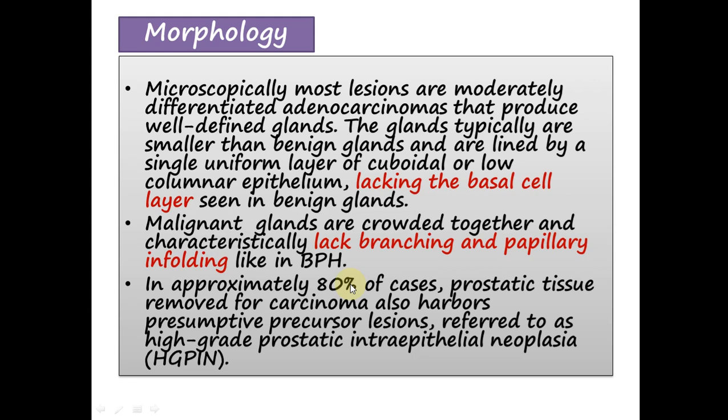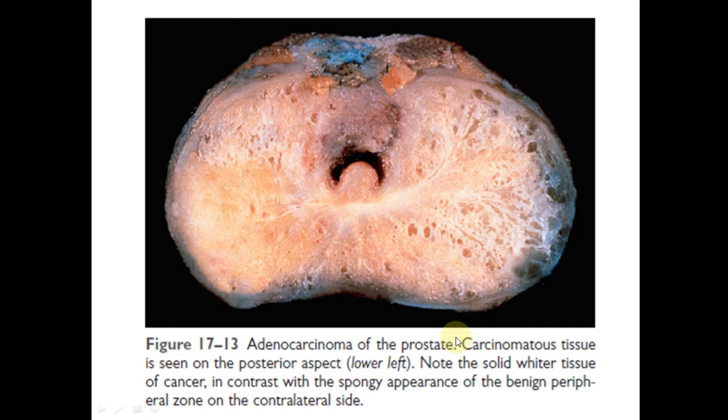And this type of presentation in the histopathology is known as the prostatic intraepithelial neoplasia. So this type of situation can be seen where there is no full grown cancer, but this can be considered as a precancerous condition and is known as the high-grade prostatic intraepithelial neoplasia.